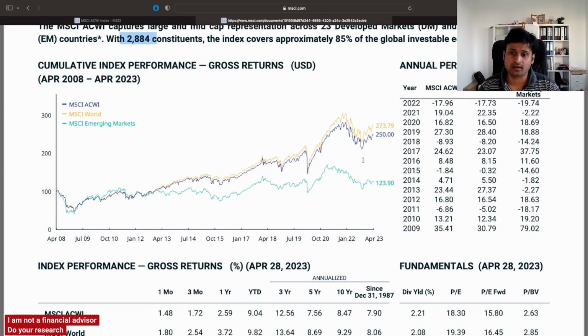Therefore, you can see that it is closely following the MSCI World, because most of the money you put in goes directly towards the MSCI World. So one could also question whether it makes sense to invest in the All Country World Index if they are investing close to 90% into the MSCI World, which everybody can directly invest in, right?